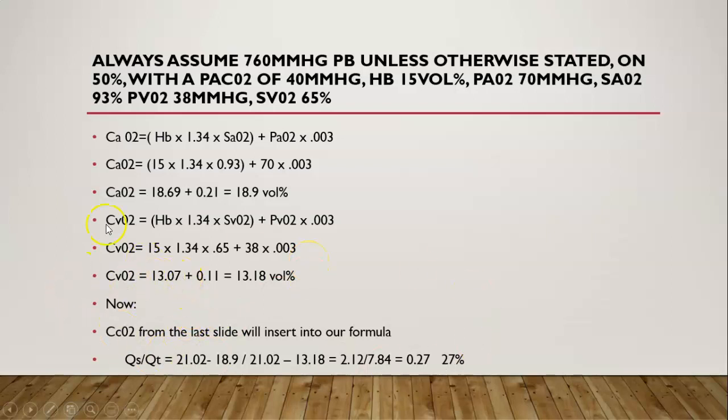Now we can plug in our numbers from the other side. There's our 21.02 minus 18.9, divided by 21.02 minus 13.18. You get 2.12 divided by 7.84, and that comes out to 0.27 or 27%.